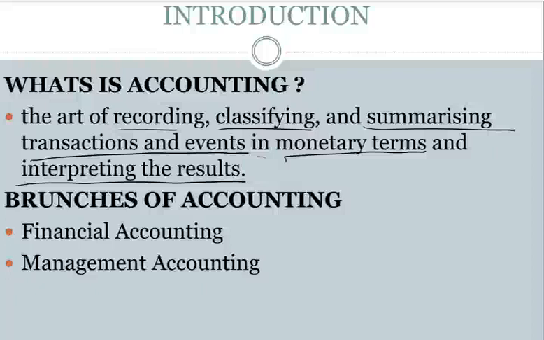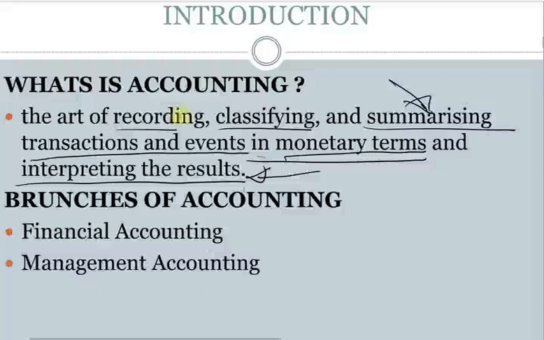For example, you cannot mix incomes and expenses. You have to classify and lastly summarize them, like in form of financial statements. All transactions that have happened in a business in terms of money, right? You have to put every transaction in terms of money. 100 kwacha, 200 kwacha. And lastly, we should interpret the results.